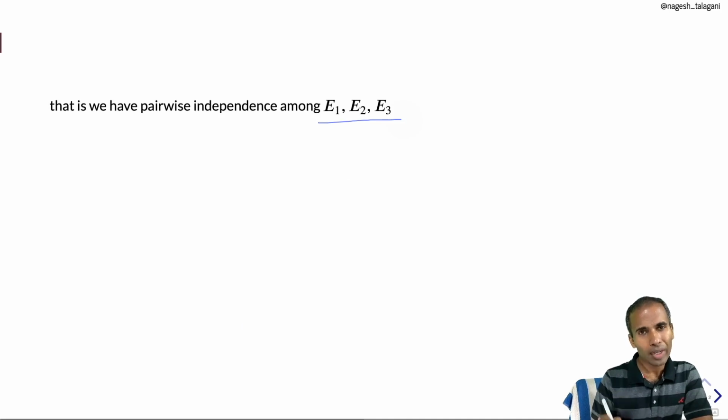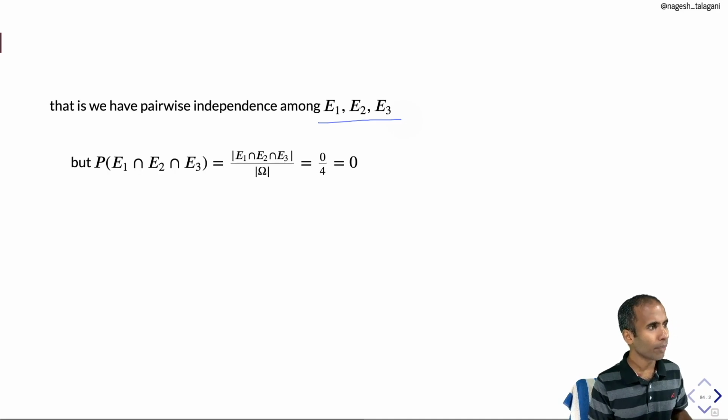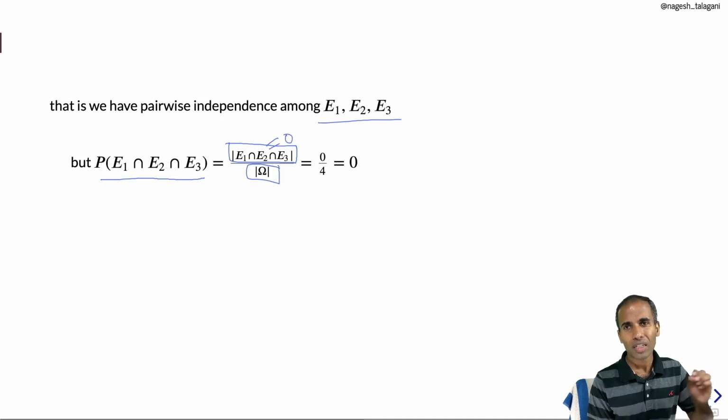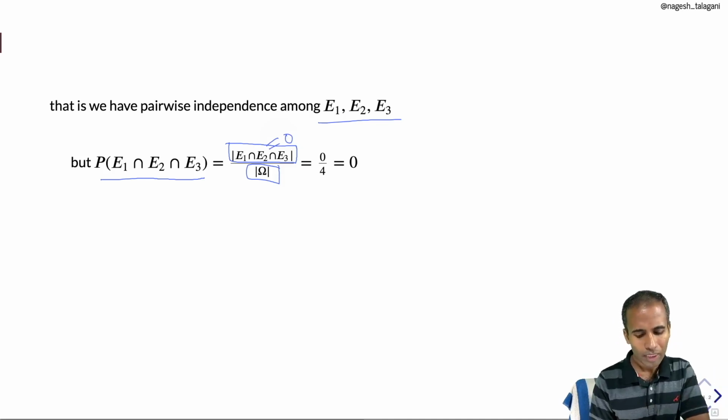Now, to talk about independence, we need to check one more condition. Let's see what happens. The probability of E1 intersection E2 intersection E3 is the number of elements in E1 intersection E2 intersection E3 by the number of elements in omega, and this count is 0 because we don't have anything common to all 3 events. So this intersection is empty, the count is 0, and that's why this probability is 0.